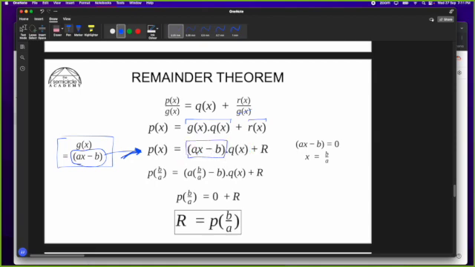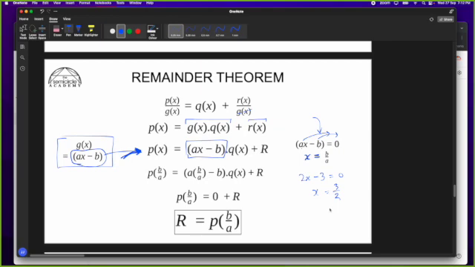Well, I'll come on this side and put ax minus b is equal to 0. So that means what is x? X is going to be, I take the b and throw it across, so it'll be plus b, and I take the a and throw it across, so it'll be divided by a. Whatever numbers these turn out to be, it could be 2x minus 3, for example, you'll have x to be 3 on 2.